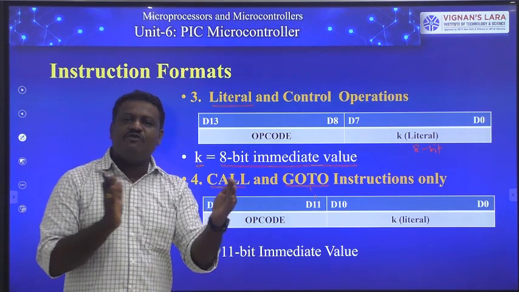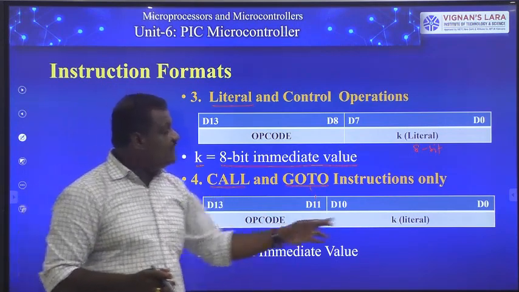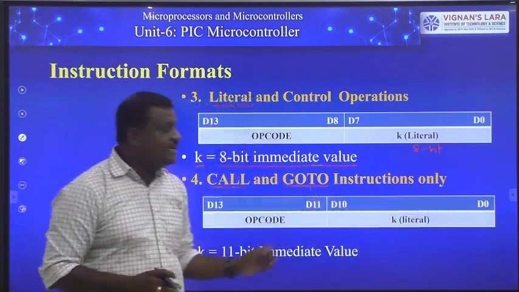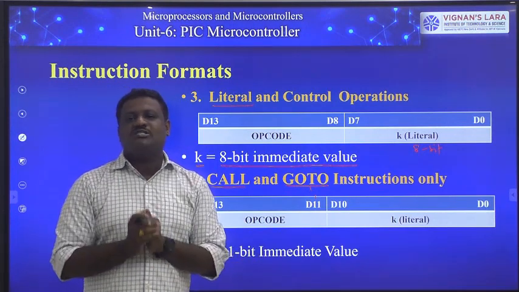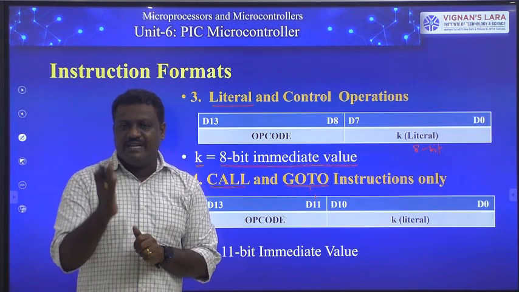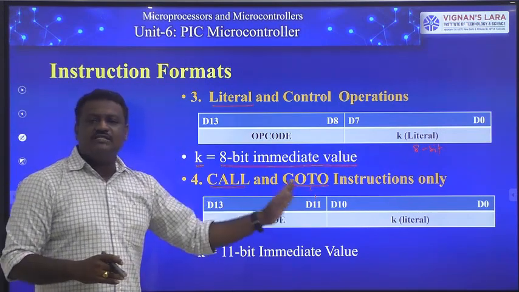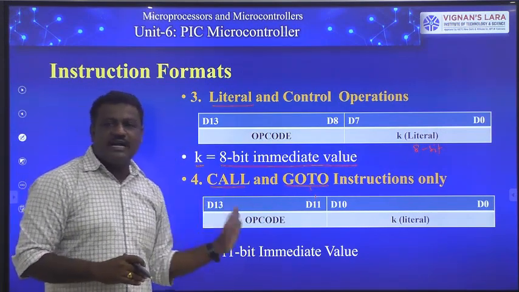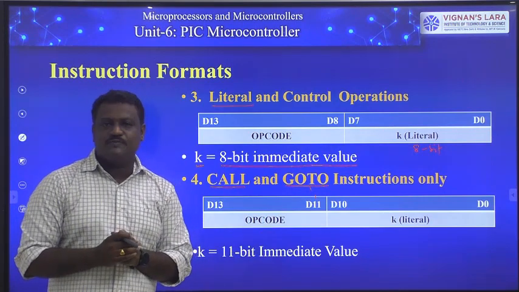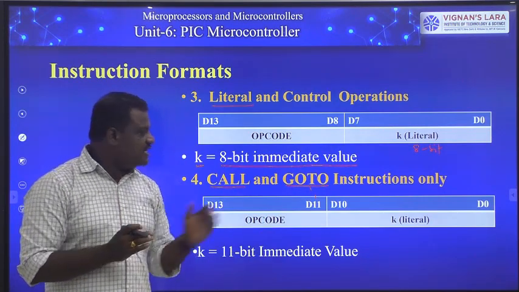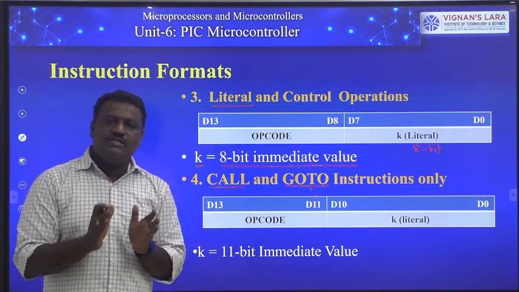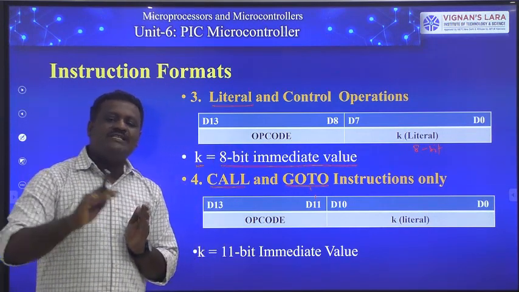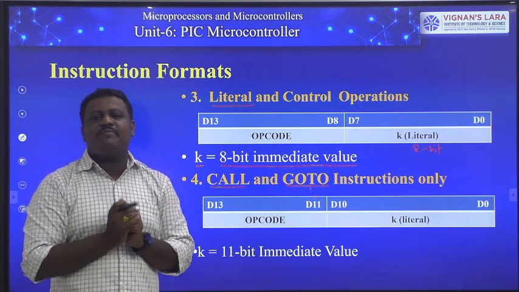In this case also you may identify that our instruction may have only two fields. The least significant 11 bits, that is D0 to D10, are dedicated for representation of the literal or constant K. We are left with another 3 bits, that is D11 to D13, and those are dedicated for the operation code. So the important thing here is, these are used for branching instructions. These instructions provide a destination address in our program memory.